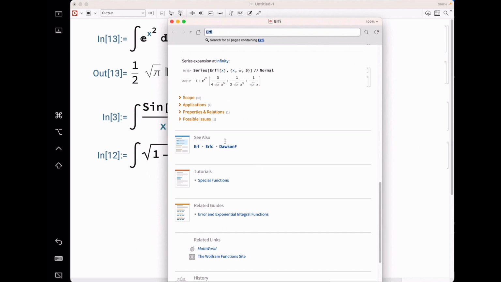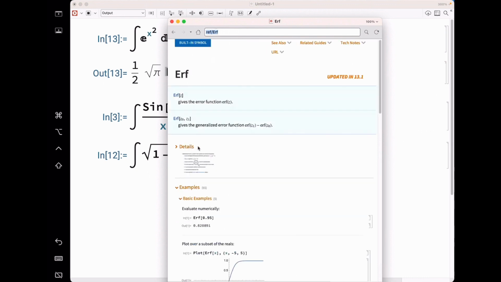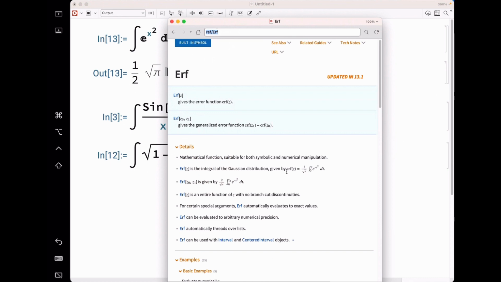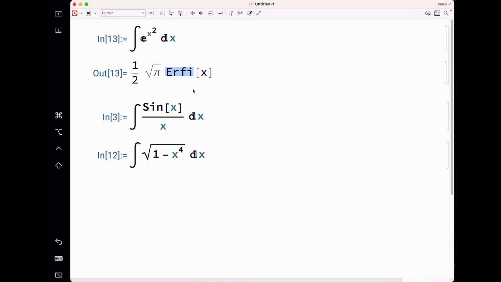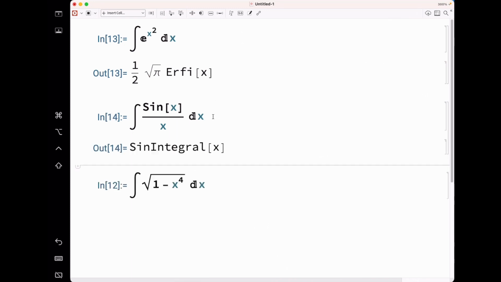And if we explore this a bit further and just look at the regular error function, if we look at the details here, we'll notice that the error function, which is related to this ERFI, is actually defined in terms of an integral. That means that this error function doesn't have a closed form expression in terms of fundamental normal functions, such as sine, cosine, exponentials, logarithms.